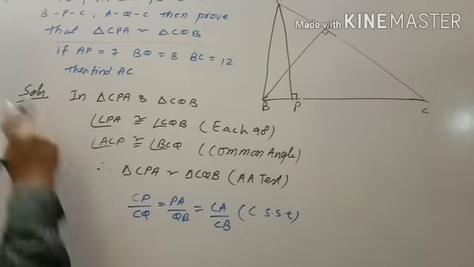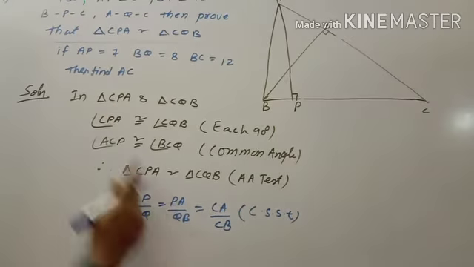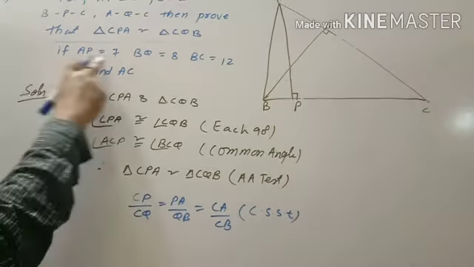No. Value of CQ they don't give. Value of AP, yes, AP is given, 7.